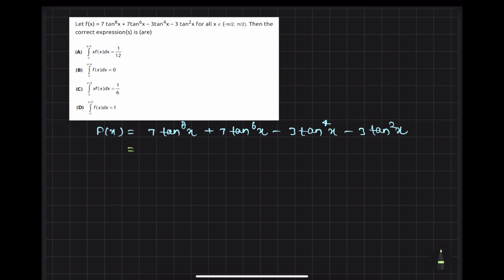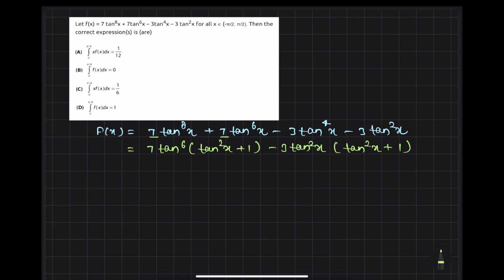Now let's simplify things. If you observe, the first and second components both carry 7 and 10 power 8 and 10 power 6. So can I take 7 times 10 power 6 common? We will be left with tan square x plus 1. Similarly, I'll take 3 times tan square x common. We will be left with tan square x plus 1.